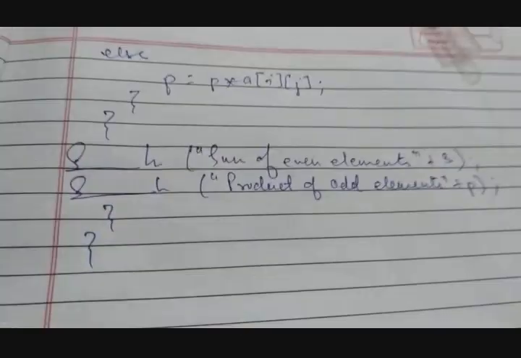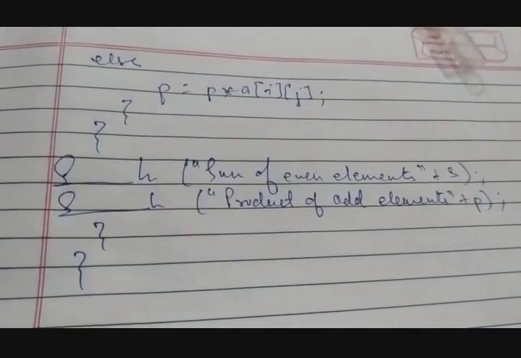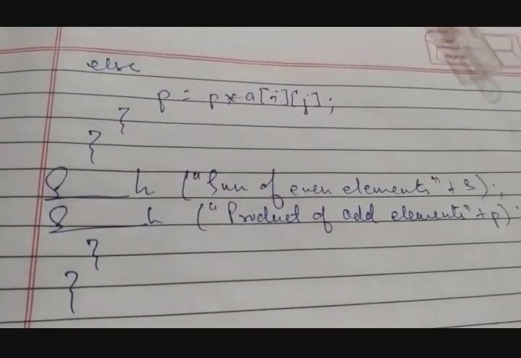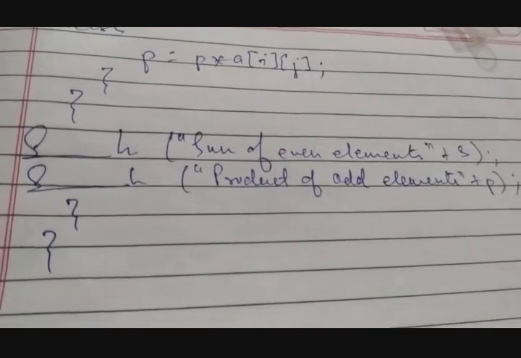Main close, class close. This is what finds the sum of even and odd elements.